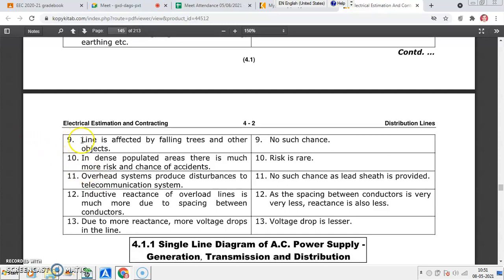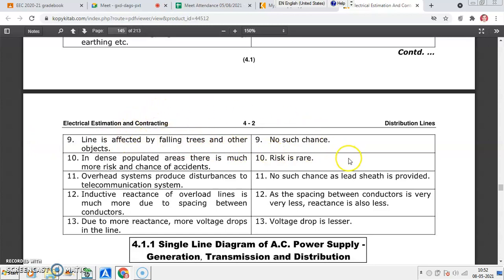Okay. Then the line is affected by falling trees and other objects. This is our usual experience. Normally when there is a small amount of rain, or even no rain, you have just a storm for 5 to 10 minutes, you will normally have a shutdown for a number of hours. Sometimes we say, 10 minutes of rain and 10 hours the light is gone at our place. So the overhead system gets affected because of multiple things like falling trees, tree branches and all on a particular line.